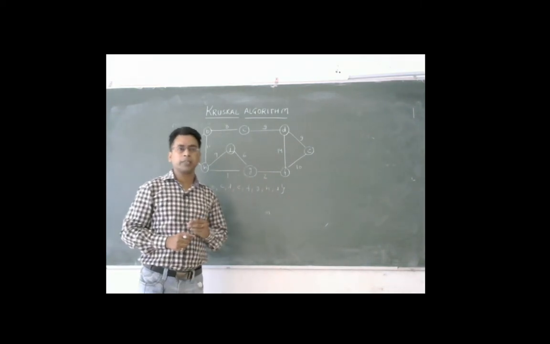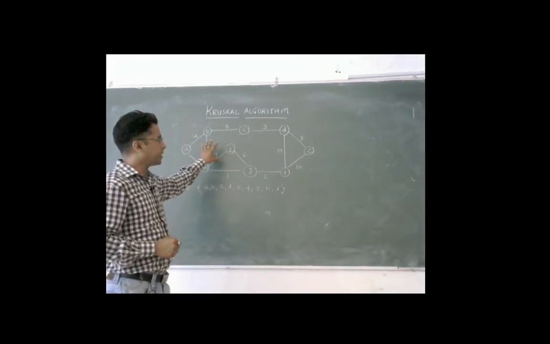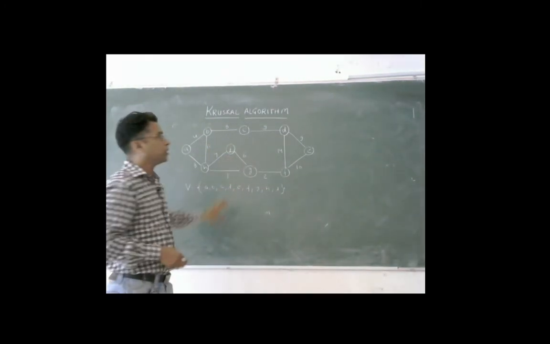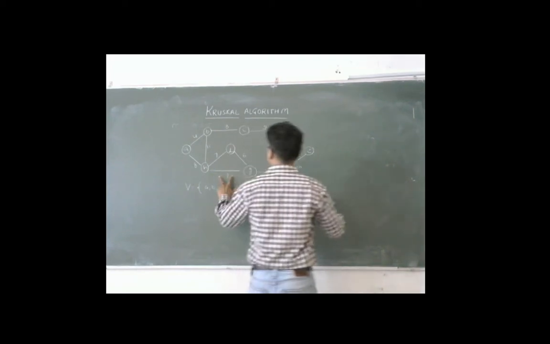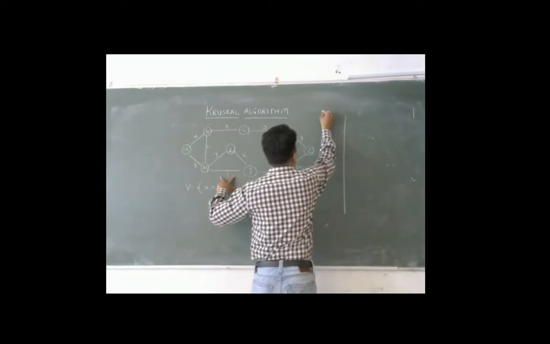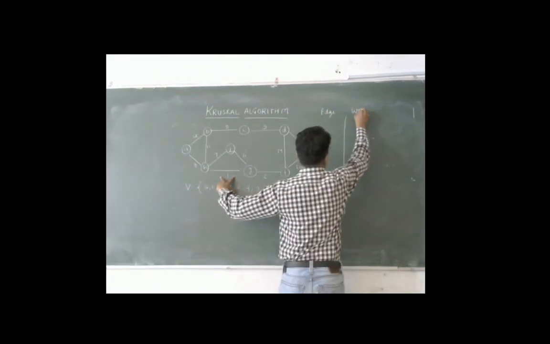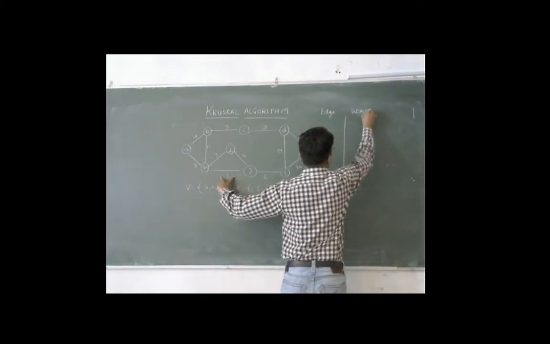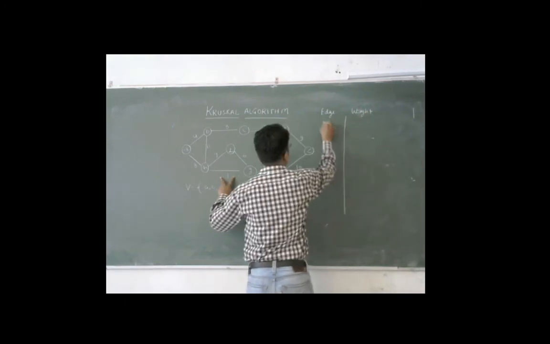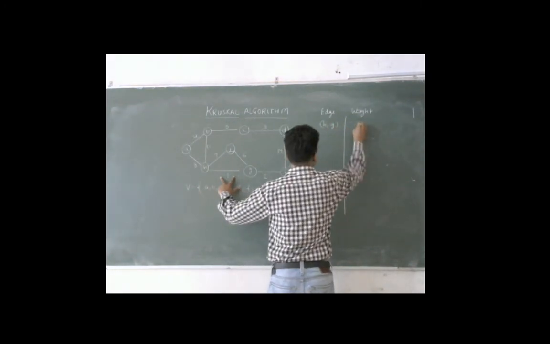In the first step, we arrange all these edges in increasing order. First edge is HG, H comma G, and the weight is 1.